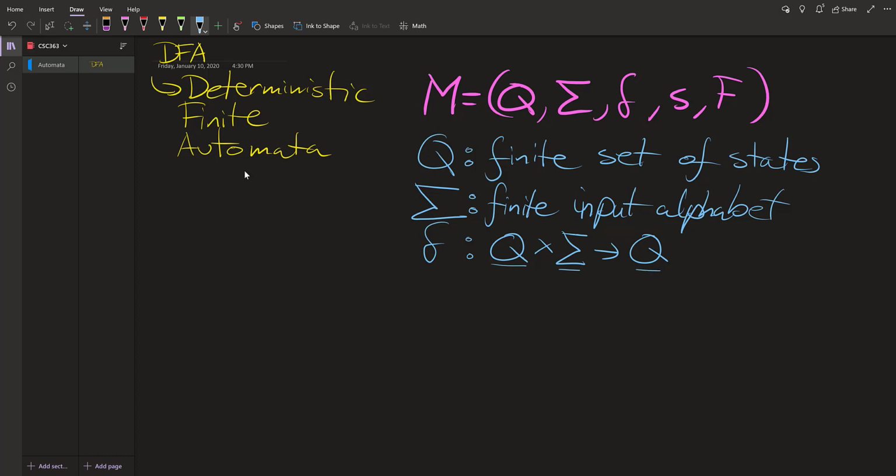So this is a function that maps states to other states based on the symbol the machine is currently reading. That's what this delta is. It's a transition function.